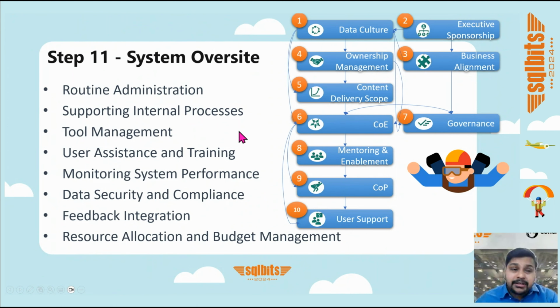When Fabric launched, it also had certain templates that you can use to see how monitoring is going on beyond your Fabric capacity. You can have that one view for your data security, and further you get feedback from the users about what they feel about the technology, and have that ongoing, continuous loop of improvement, right? So the 11th one is system oversight.